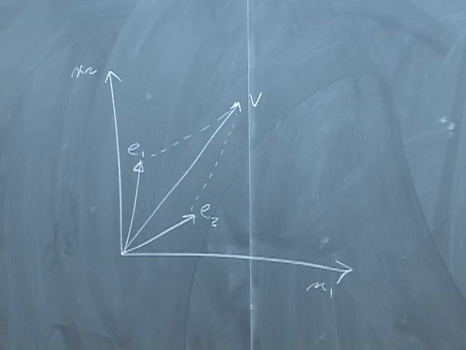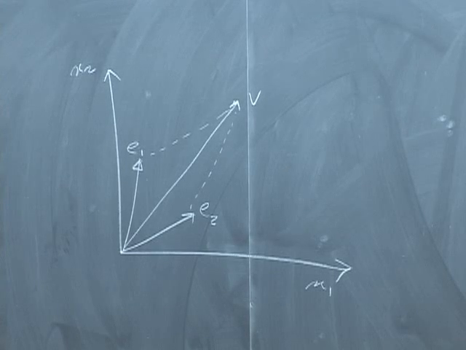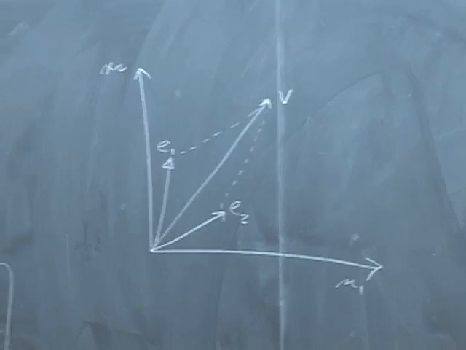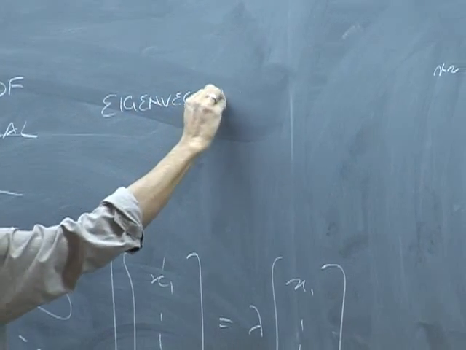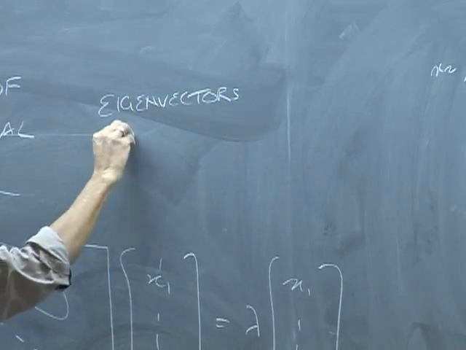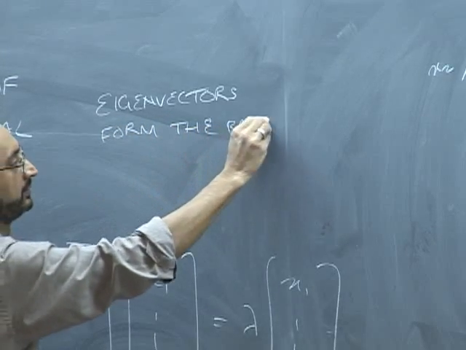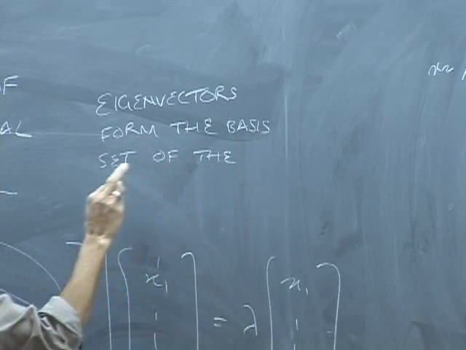And one result that is useful is that it can be shown that the eigenvectors form a basis of the space. The eigenvectors will span a space called the eigenspace. So the eigenvectors form the basis set of the eigenspace.